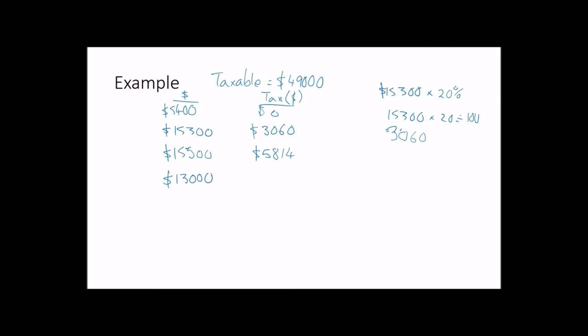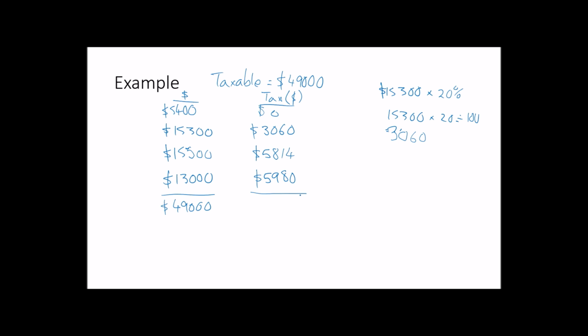We just work out the amount, which is 13,000 in that tax bracket, times 46 divided by 100, and we would get 5,980 as the amount of tax that he's paid in this example. This adds up to his taxable income of 49,000, so there's no more income that we need to tax.